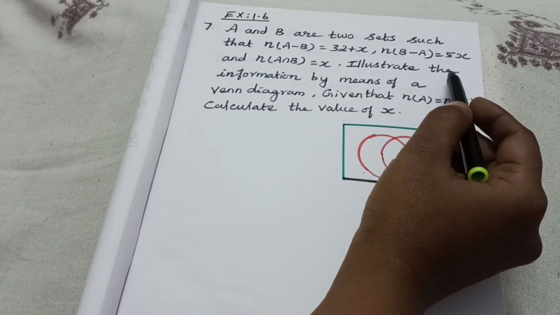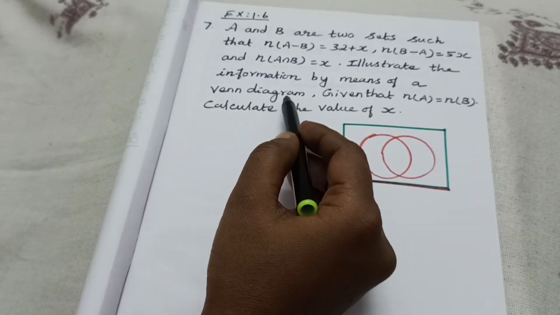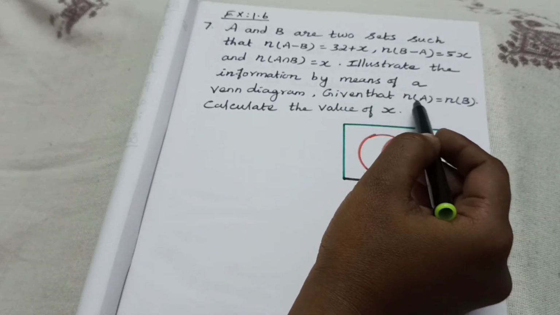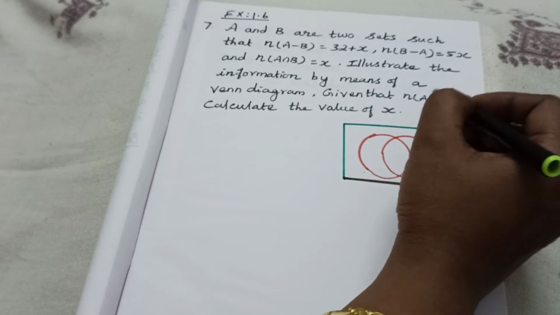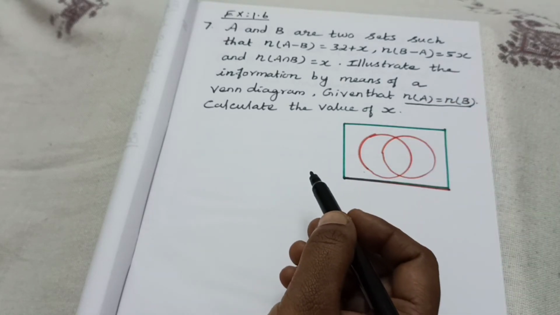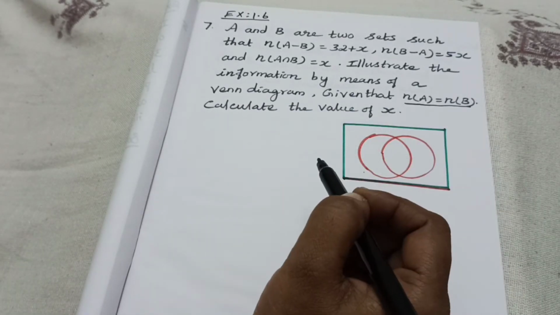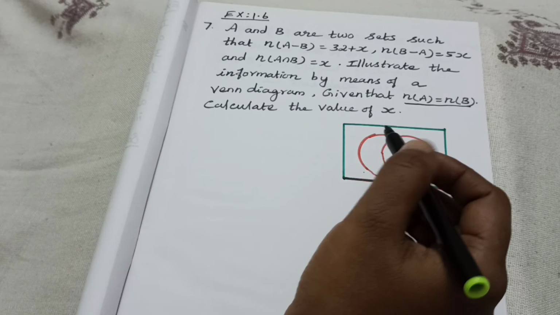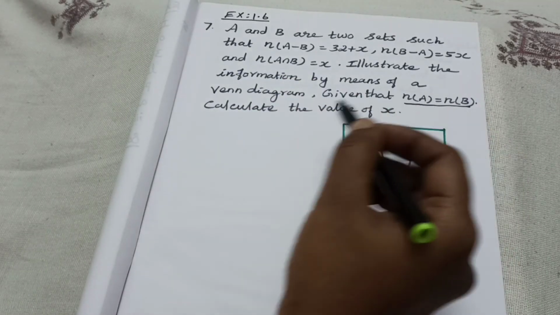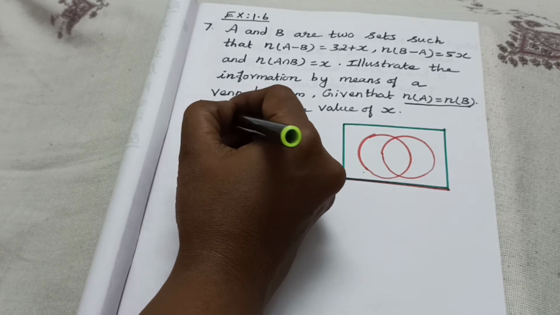Illustrate the information by means of a Venn diagram. Then given that n of A is equal to n of B. Calculate the value of x. Okay, information by means of a Venn diagram. So we have to draw the Venn diagram here.